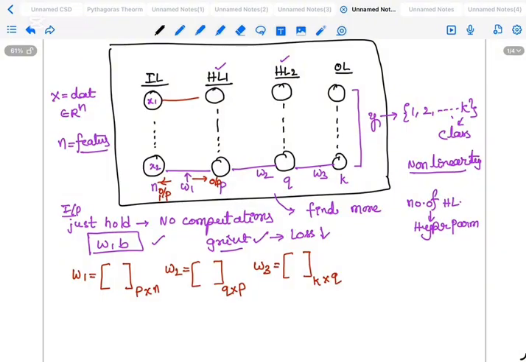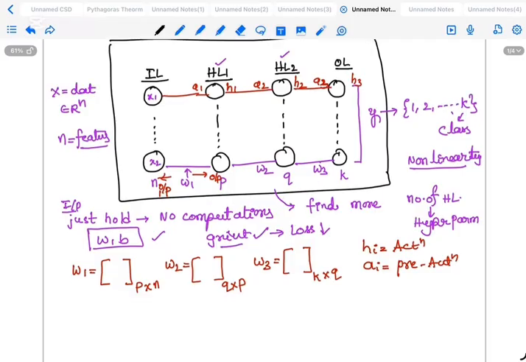In the neural network, there are activation and pre-activation functions. Here A1, A2, A3 are the pre-activation functions, and H1, H2, H3 are the activation functions. So Hi is activation and Ai is pre-activation.